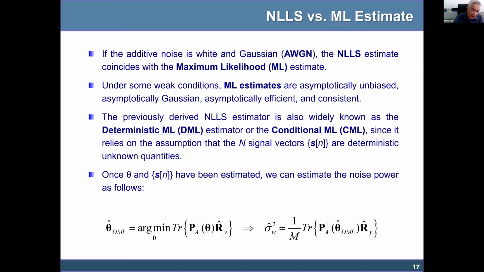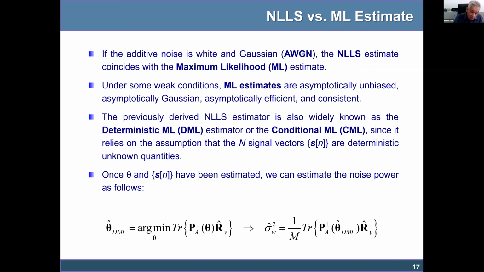Under very weak conditions, all maximum likelihood estimates are asymptotically unbiased, asymptotically Gaussian, so we know the asymptotic distribution, and asymptotically efficient, so it means that the mean square error of the estimator tends to the well-known Cramer-Rao lower bound, which represents the lowest possible mean square error that can be achieved by any unbiased estimator.